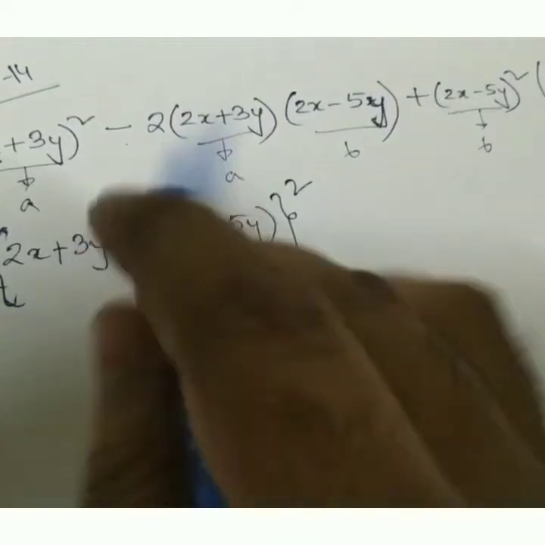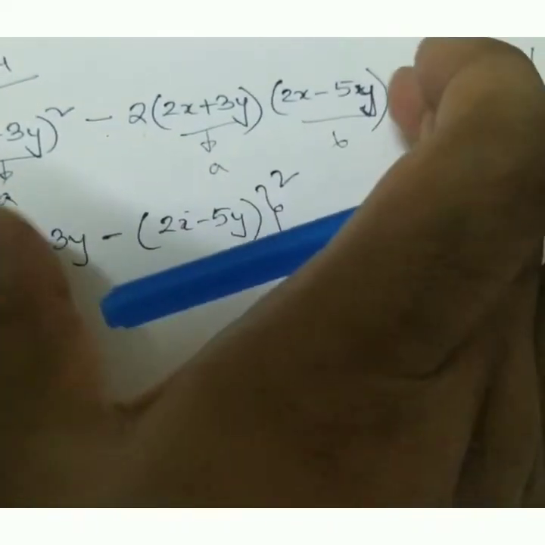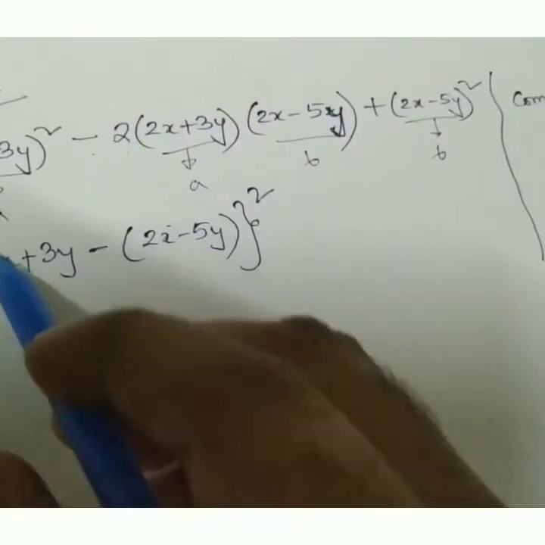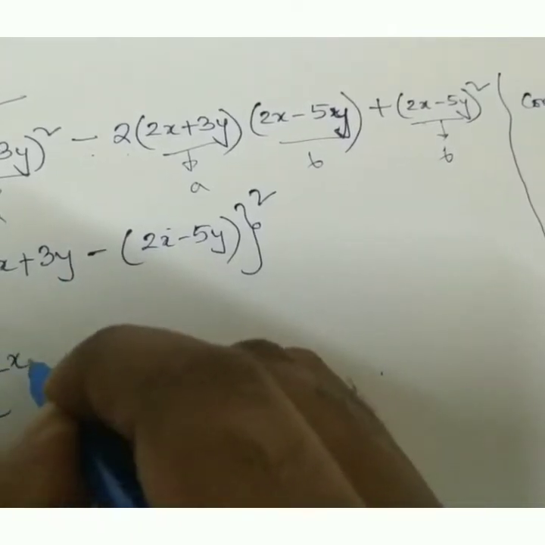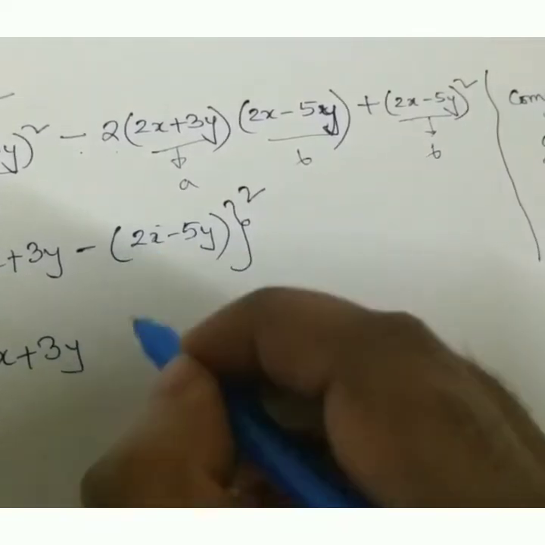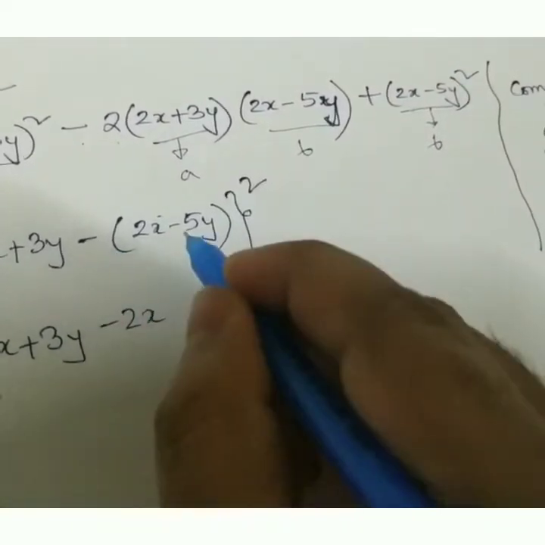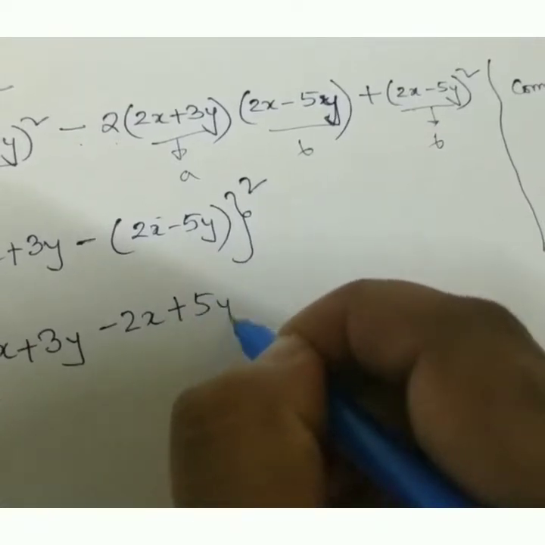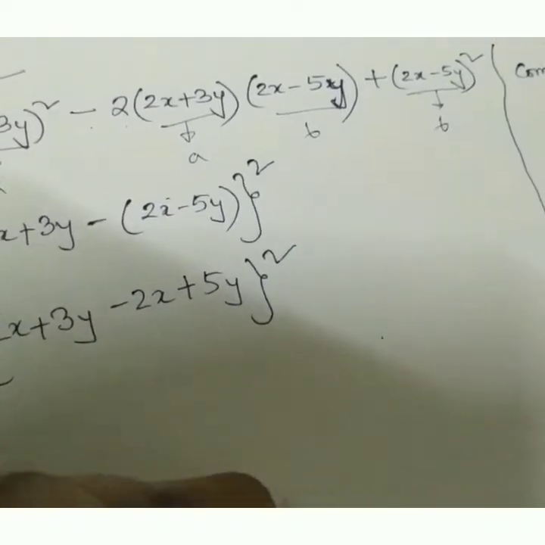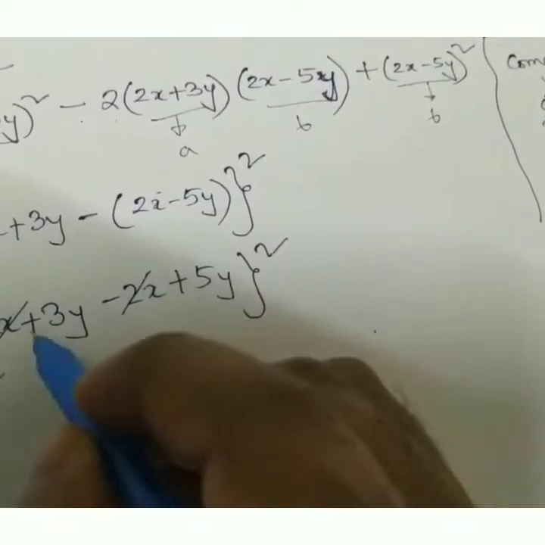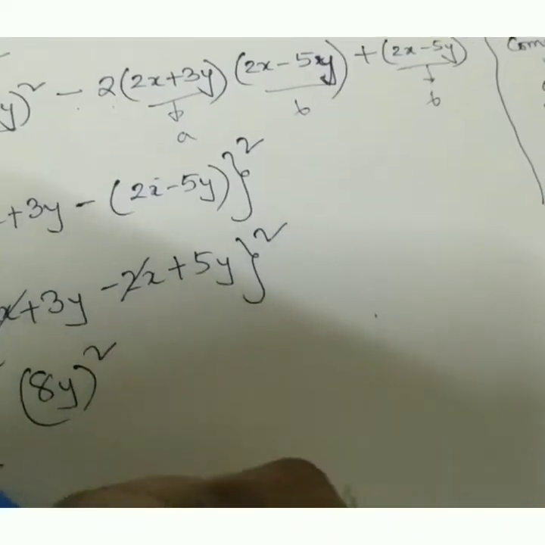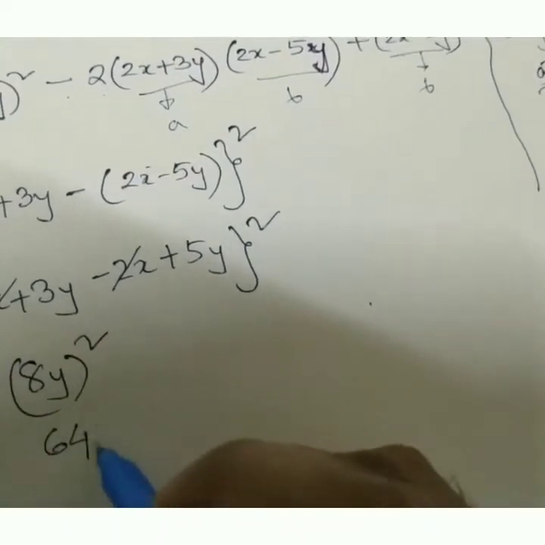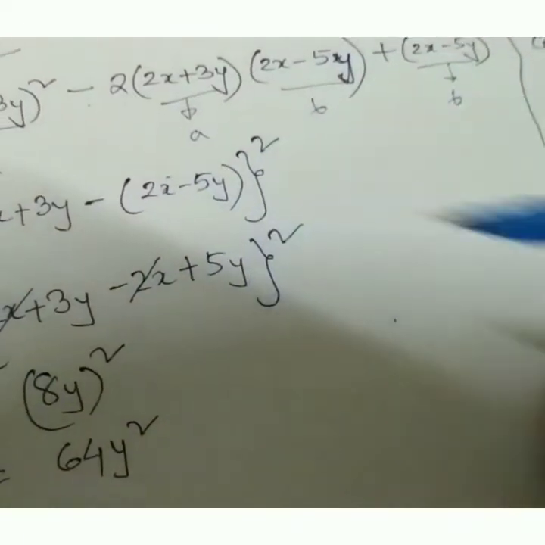Now we have merged this into the formula (a minus b) whole square. We can break this up now: 2x plus 3y, minus into 2x is minus 2x, minus into minus 5y is plus 5y, then put a square. 2x and minus 2x is gone, so 3y plus 5y is 8y, in square format. So 8y square is 64y square. The answer is 64y square.